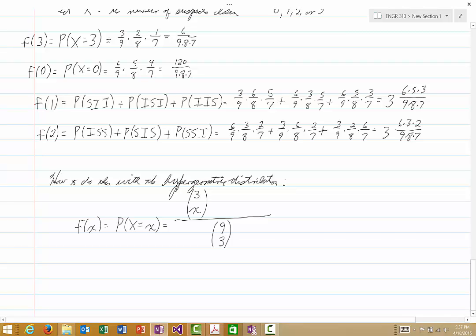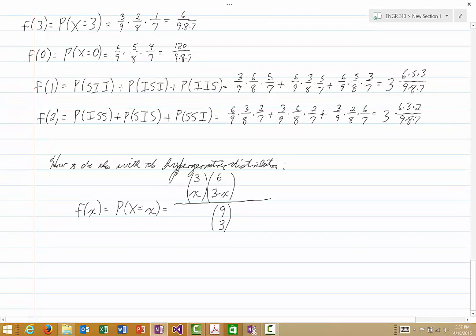And now we're making 3 choices, and x of them were suspects, so that means that 3 minus x were not suspects, in other words, 3 minus x were innocent. So out of the 6 innocent people, 3 minus x of those were chosen. And this is the hypergeometric distribution.